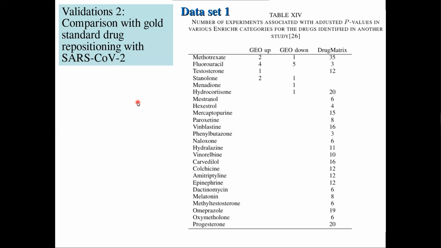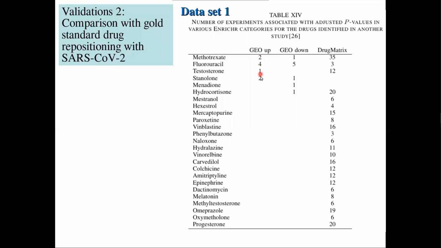So at least in comparison with the gold standard SARS-CoV-2 protein-protein interaction dataset, our genes are useful. Another gold standard dataset is a list of possible drug repositioning candidates for SARS-CoV-2. And here are the drugs included in this list.